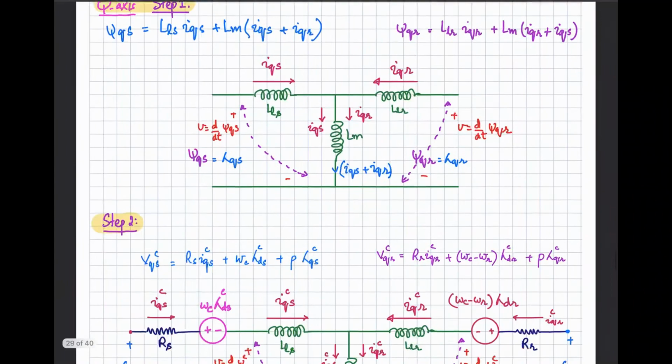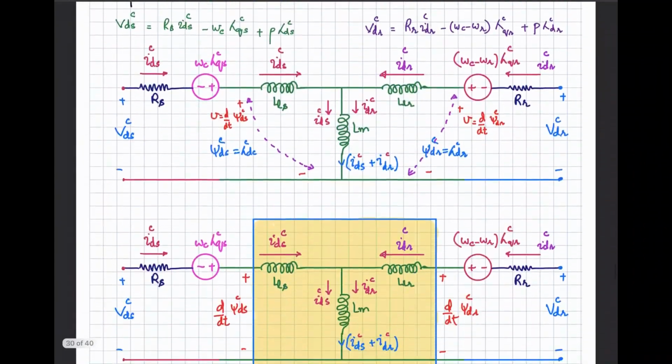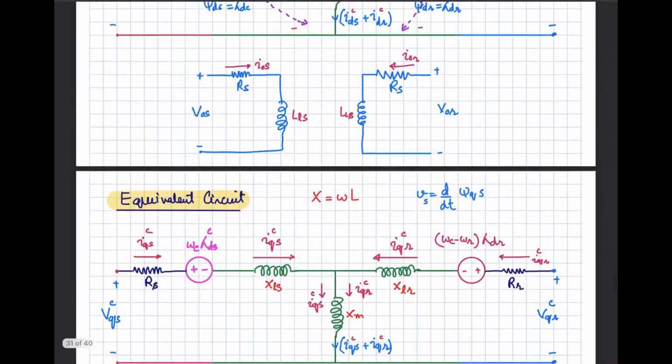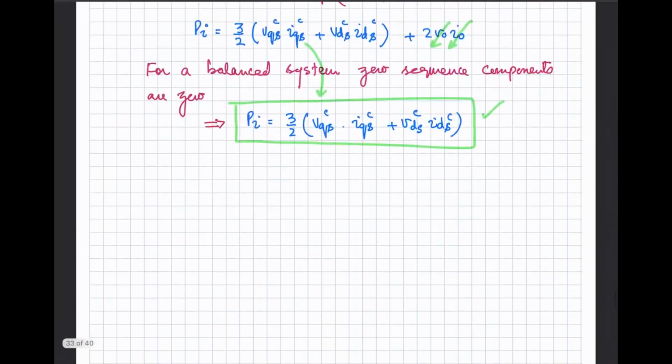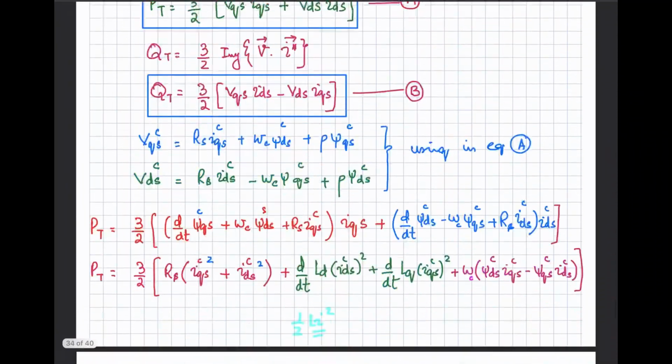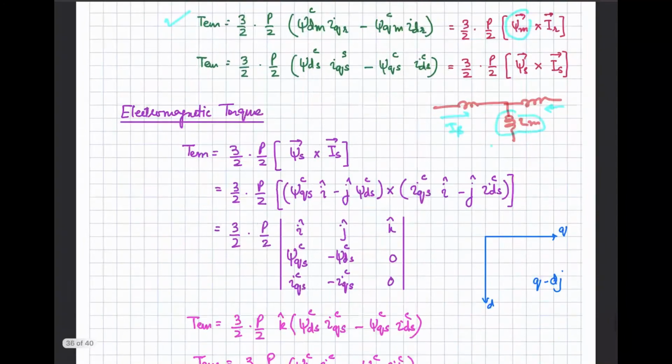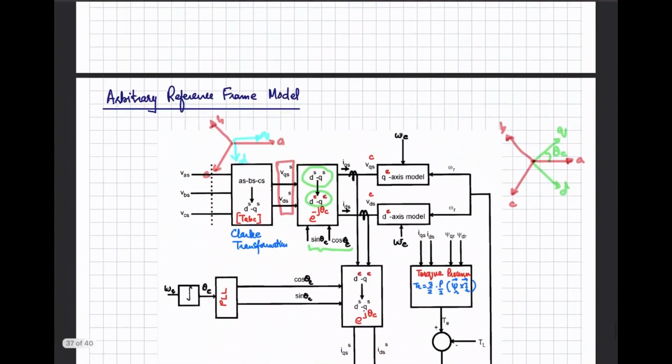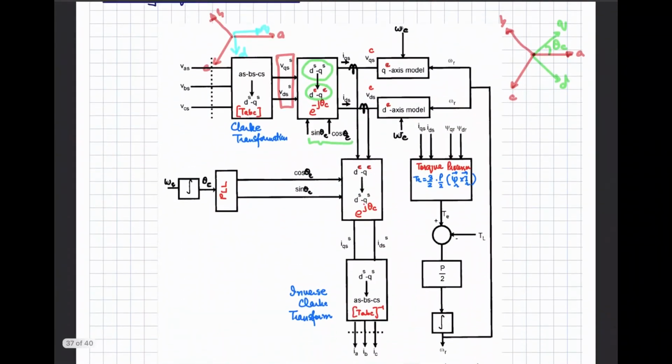You can refer to the previous videos and you can see that matrix form relating the voltages and the currents of your induction motor in arbitrary frame of reference. So you can use that set of model equations over here, which will require the rotor speed and the speed of the rotating frame of reference, and you can translate the voltages into the currents.